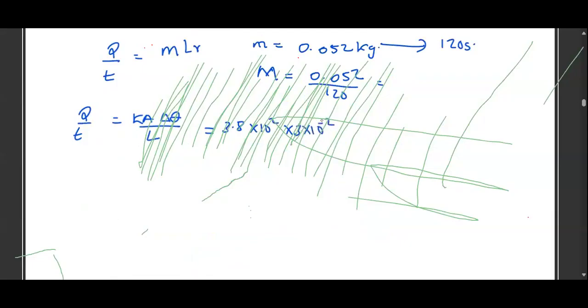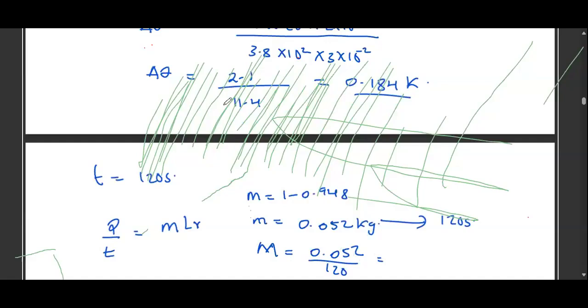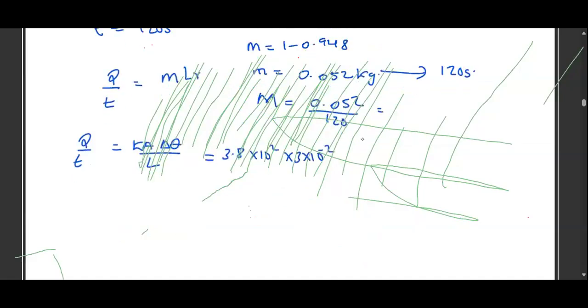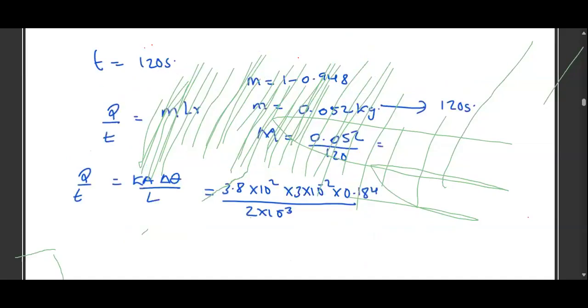Our delta theta, we had got it as 0.184, times 0.184. Then all of it over 2 times 10 power negative 3, because it was in millimeters.